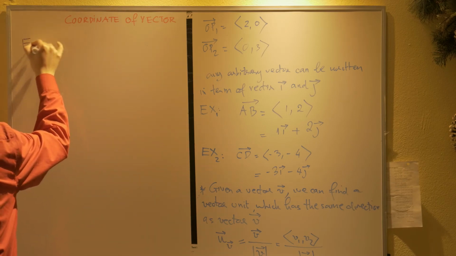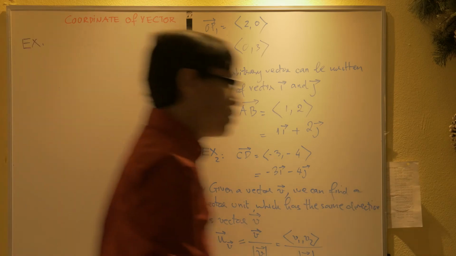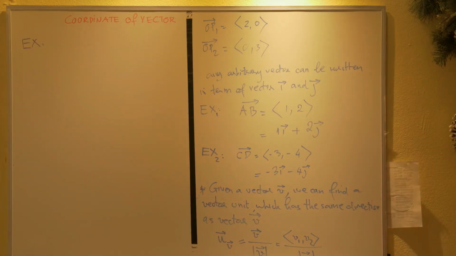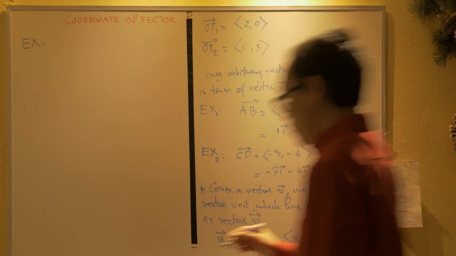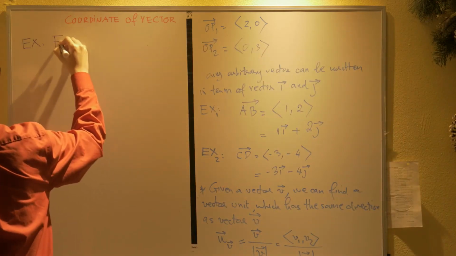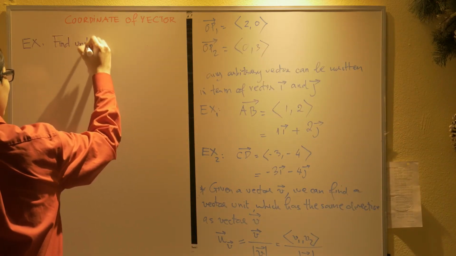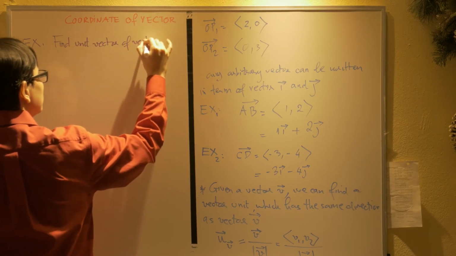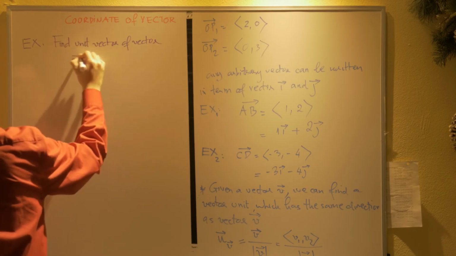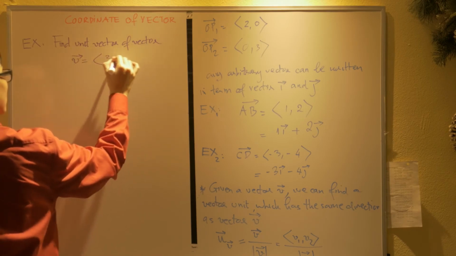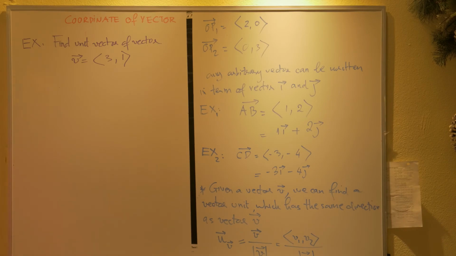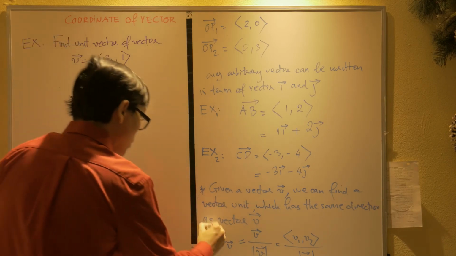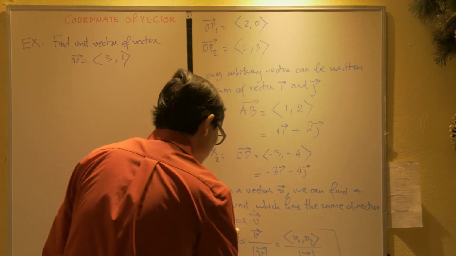Example. What if I want to find the unit vector of vector v which has the coordinate 3, 1? We have to use this formula, so I'm going to box the formula here.